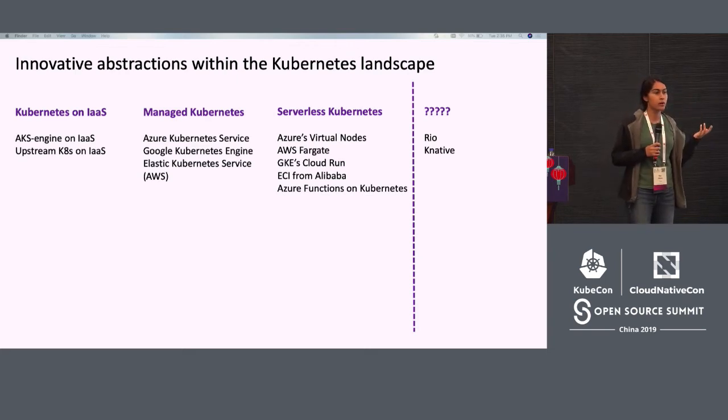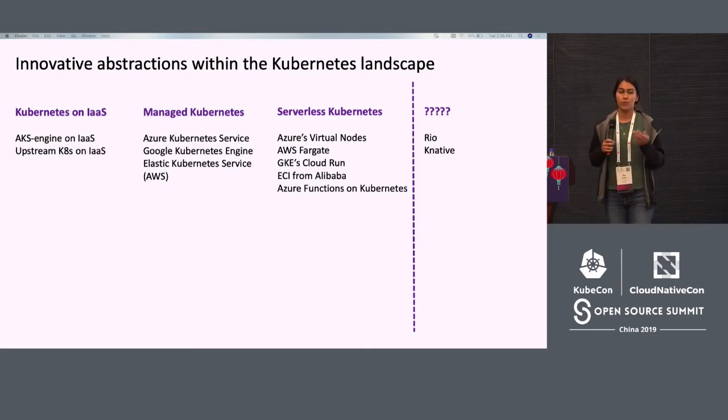So when we're thinking about what else could we abstract away and why would customers want that? Well, they don't actually care about managing a distributed system, right? Customers are just here to deploy their apps and see them running. They care about their business code.